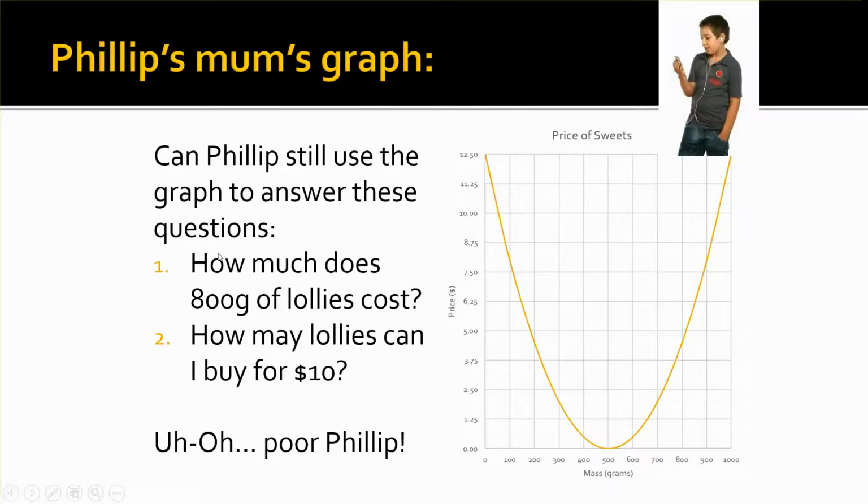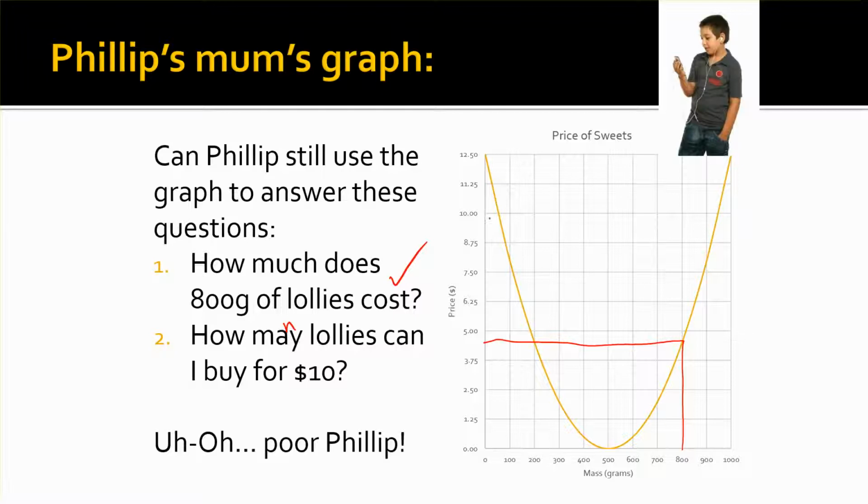Let's have a look and see if he can still answer these two fundamental questions. First question, how much does 800 grams of lollies cost? So Philip will go into his graph, 800 grams, that corresponds to a price of about $4.50, something like that. All good. What about how many lollies can someone buy for $10?